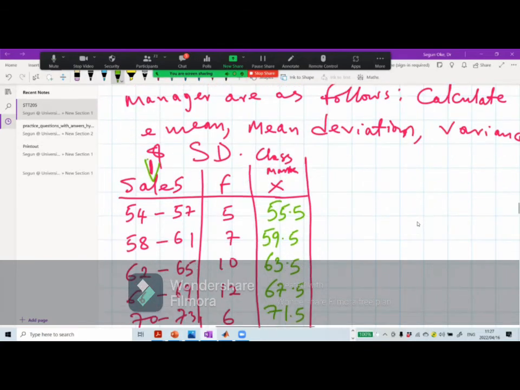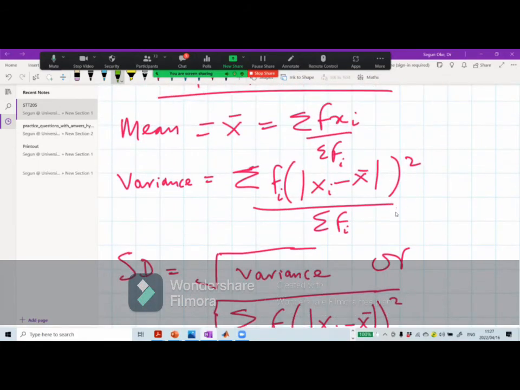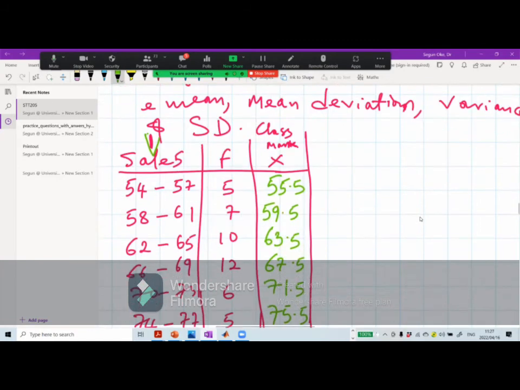So remember, in our formula, we are not just forming the table. For us to get the mean x bar, you need fx, that is f multiplied by x. So let's create the column fxi.